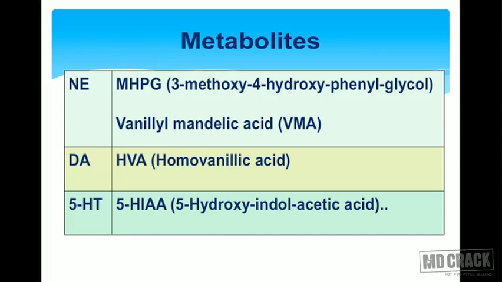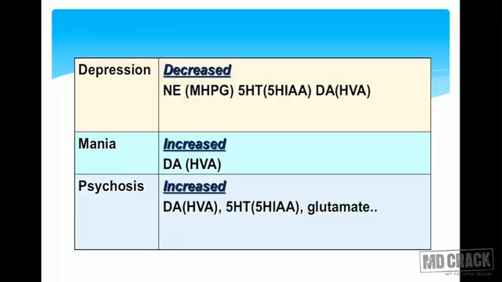And just now I referred to the metabolite of 5-HT, that's 5-HIAA, 5-hydroxyindole acetic acid. When the patient has depression, we have already said that the levels of amines are less. So there's decreased norepinephrine, decreased 5-HT, decreased dopamine, and in the bracket on this particular slide, have a look at the slide, I have shown the metabolite of this particular neurotransmitter.